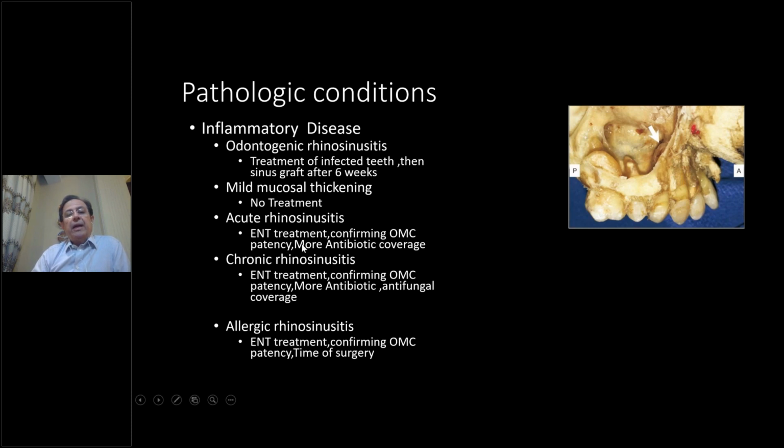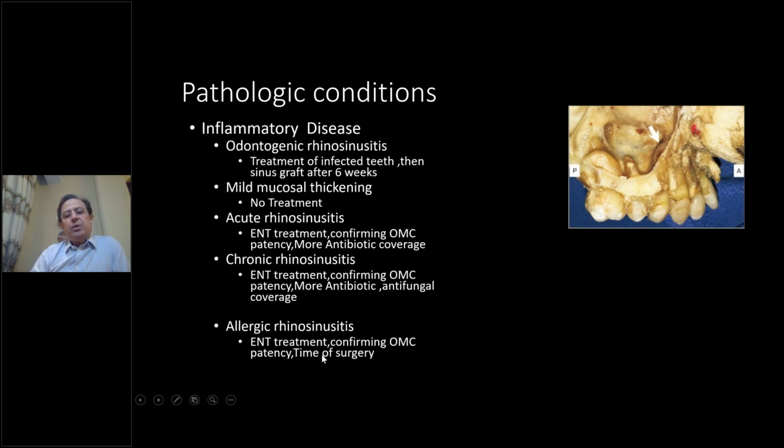But as I will tell you about the prophylaxis, most of them need more antibiotic coverage, and especially in chronic sinusitis, they need more antibiotic and antifungal coverage, because it has been shown that there is some fungal infection in chronic sinusitis.